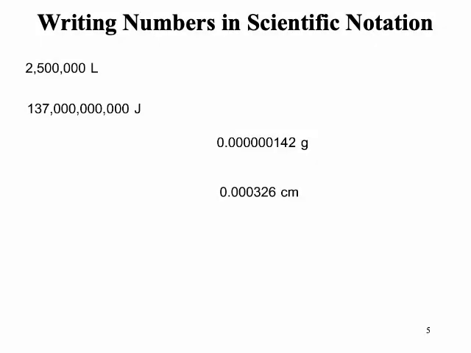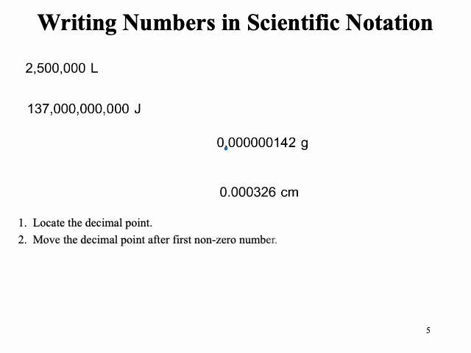Now let's see how you can write the number in scientific notation. It's very easy steps. The first step is locate the decimal point. For example, let's start with this number. The decimal point is located right here. Now, in scientific notation, the decimal point is right after the first non-zero digit. So I need to move the decimal after the first non-zero digit. Okay, so I need my decimal right here.